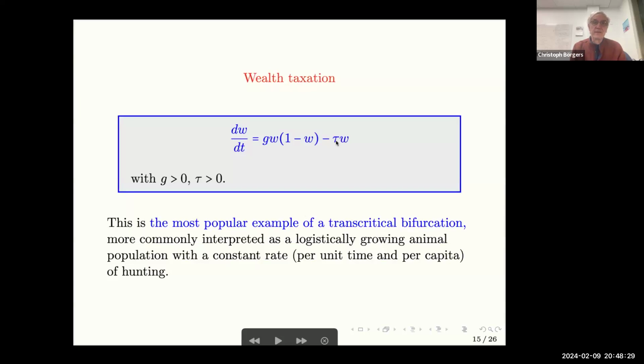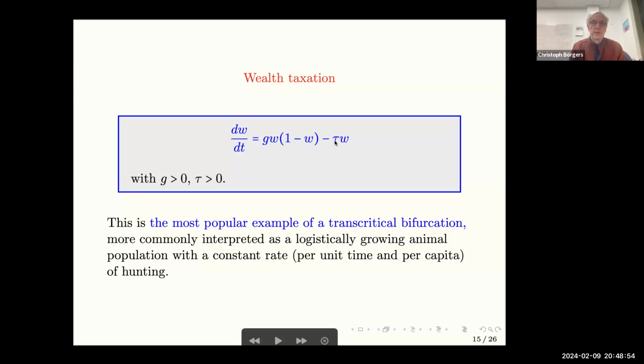The other scenario is that you tax wealth rather than income, and some countries do this. Switzerland, I learned, does it, for example, and some countries in Europe do this, taxing wealth. And then you get an equation like this, and this, of course, is also a popular equation in population dynamics, and you get a transcritical bifurcation in this equation.